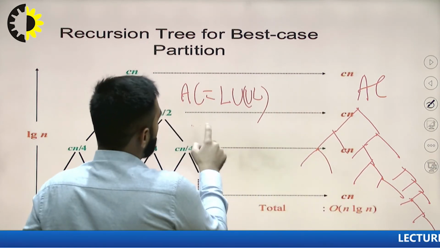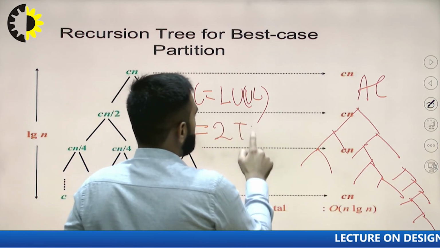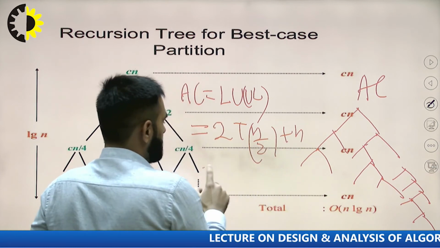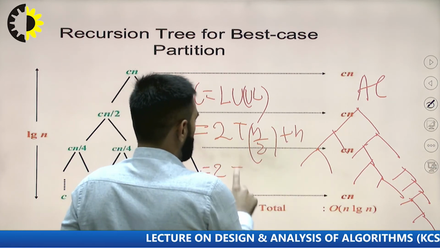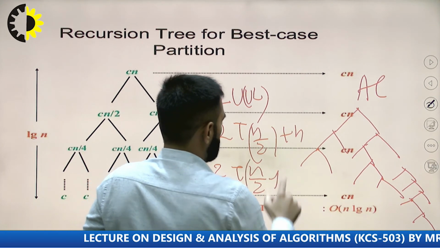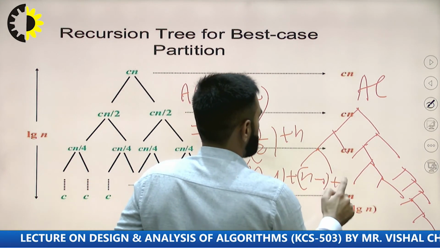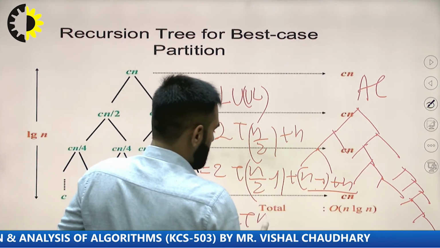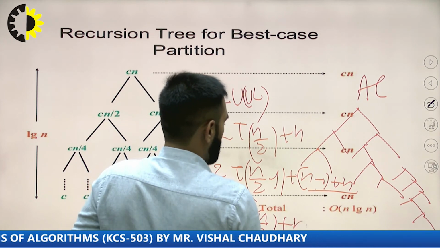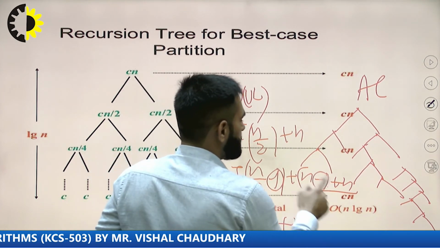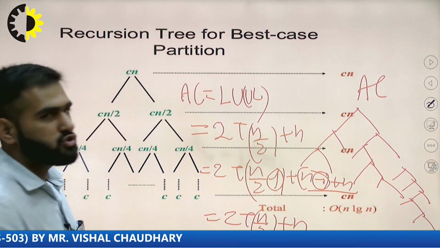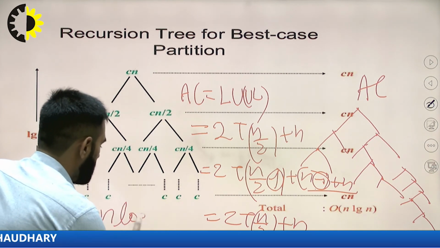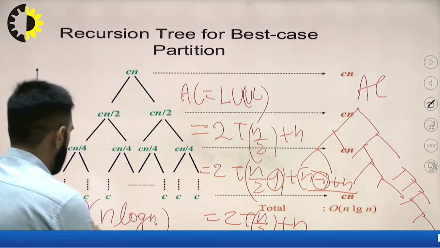Suppose for the recurrence 2T(n by 2) plus n, when we get the exact partitioning. Now the second time there is a one side gap, so it is 2T(n by 2 minus 1) plus n minus 1 plus 1. Suppose it is close to 2T(n by 2) plus 1. How? Some constants only. So the average case of this quicksort is close to the best case. So the average case complexity is also n log n.